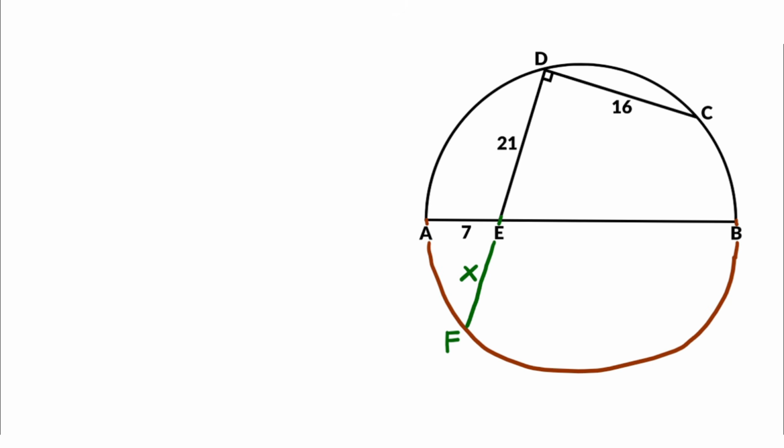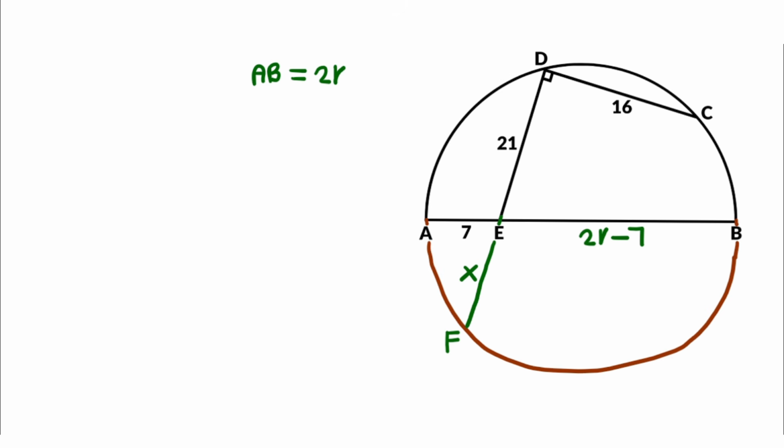Next, let the radius of the circle be lowercase r. That means the entire diameter, AB, is 2r. Since AE is 7, the remaining part of the diameter, EB, must be 2r minus 7. Now we can use the intersecting chords theorem.